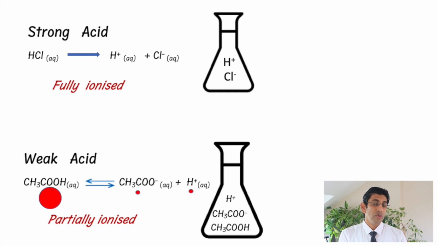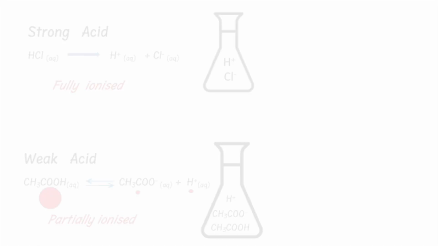Most of the ethanoic acid stays as a compound. The bigger portion which has not been broken down is not going to contribute towards the pH. This partial breakdown of weak acid will be used in buffer solutions a lot, so understanding this concept is very important for the next part.